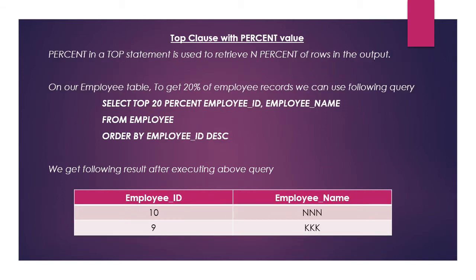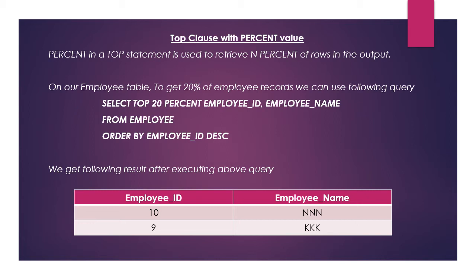Our next topic is top clause with percent value. Percent in the top statement is used to retrieve n% of rows in the output. Means when we want retrieval of records from the table according to the percent value, that is 5%, 10%, 20%, we can use the percent keyword in the query. For example, to get 20% of employee records, we use this query.